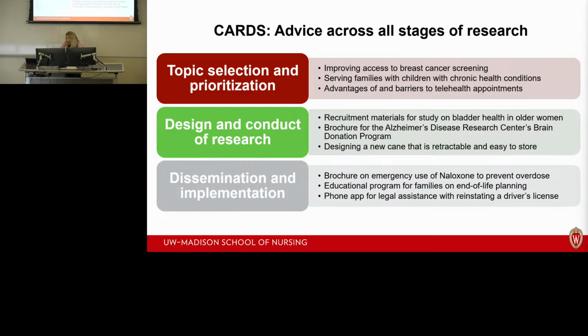I want to mention two projects that were particularly interesting. One was in this early topic selection. A radiologist at UW was really concerned that the rate of breast cancer deaths was much higher in the African American community than in other racial and ethnic groups in Wisconsin in particular. And so he wanted to know about mammograms and what could be done to increase early mammograms. And he thought there would be financial barriers, he thought there would be location barriers, he thought there would be insurance barriers.